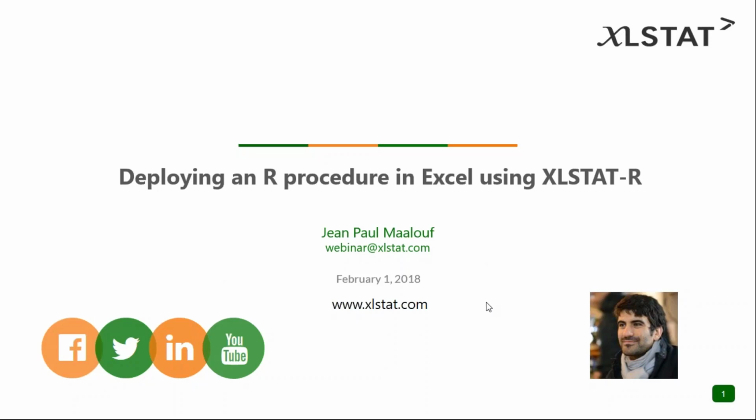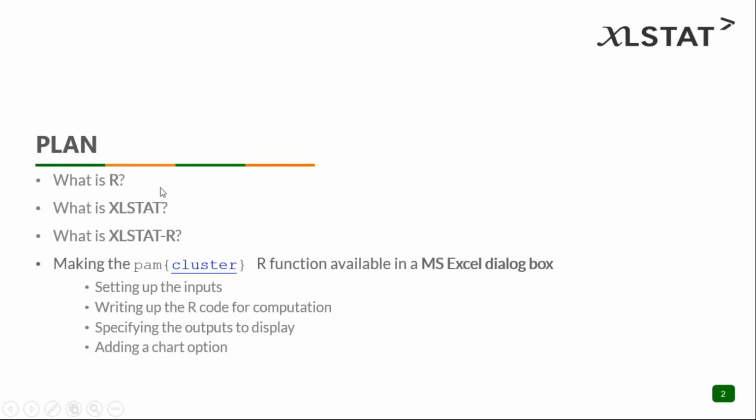So let's go. First, I start with a plan. I will say what is R, then what is XLSTAT, and what is XLSTAT-R. Then we will see how we'll use XLSTAT-R, which establishes a link between R and Excel, to make the PAM function available in Excel or in an Excel dialog box.